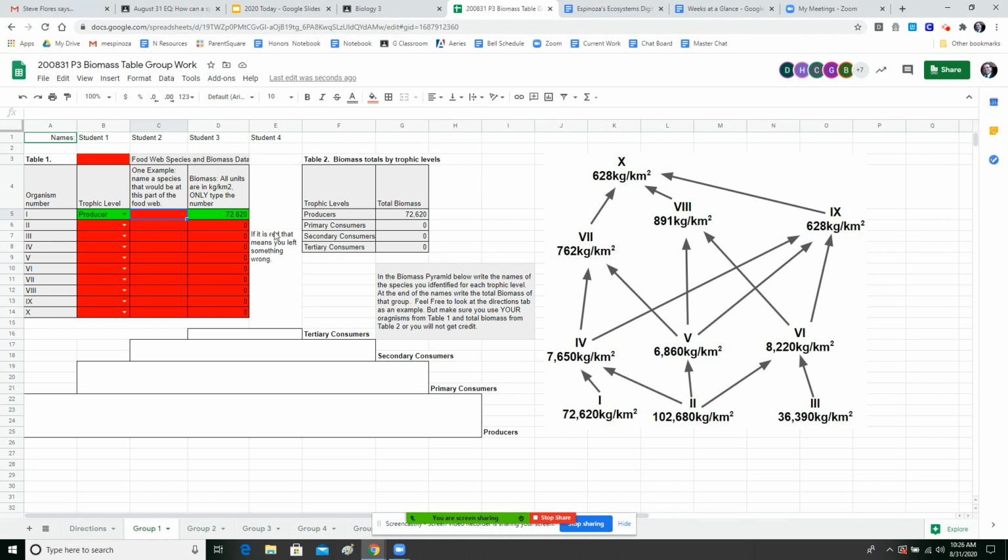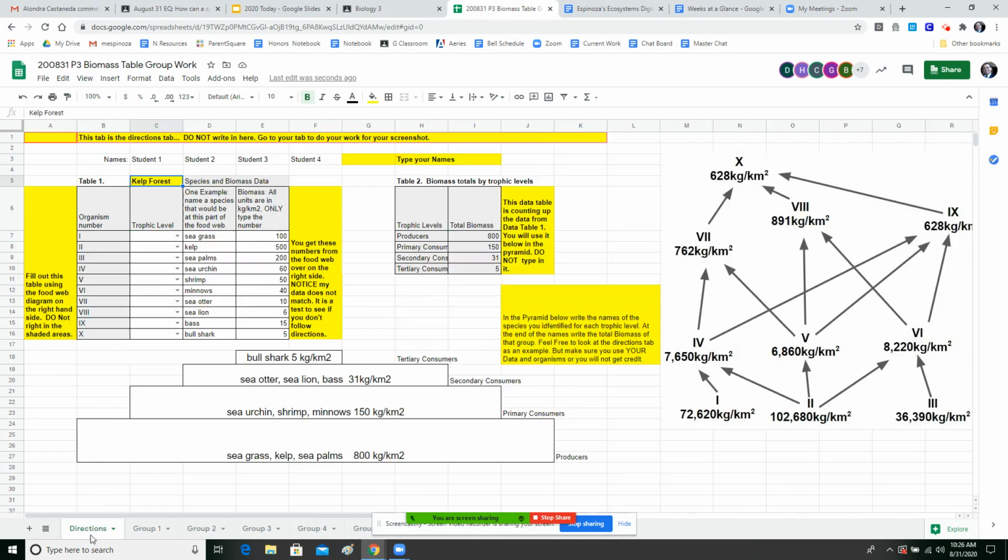Now, notice that when I put numbers over here, like, let me put another number, and let me put a number right here. Notice that over here, the gray boxes are changing by themselves, because over here, it's adding them up for you. So you don't have to add up how many producers there are. It's going to tell you. You don't have to add up the primary consumers. It's going to tell you right here.